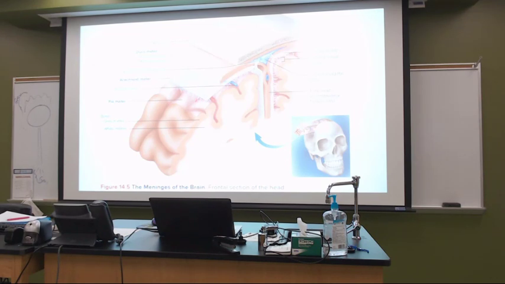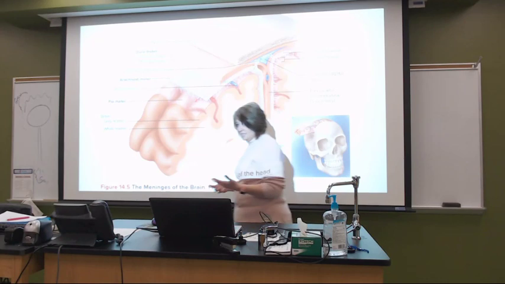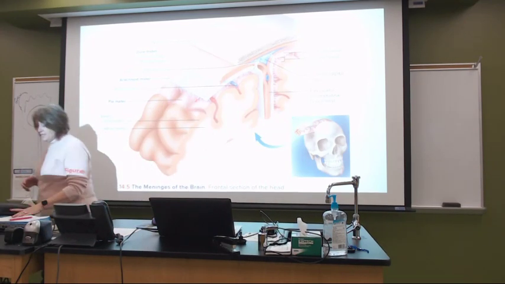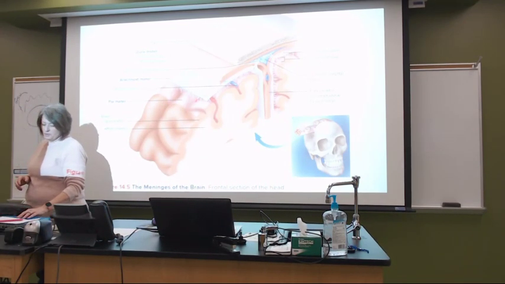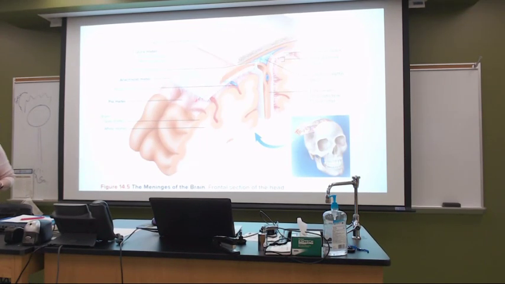So the blood flow is great to this tissue. Every time your heart beats, I don't want to quote the number because I don't walk around with that number stuck in my head, but every time the heart beats, a certain percentage of that blood flow goes directly to this tissue to feed it.